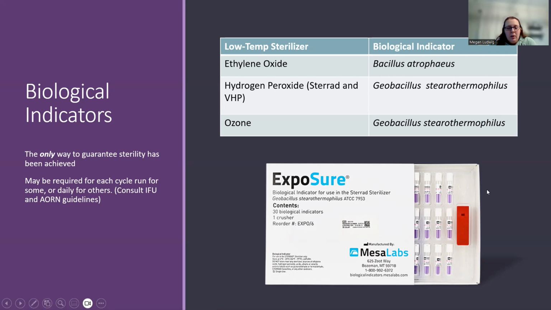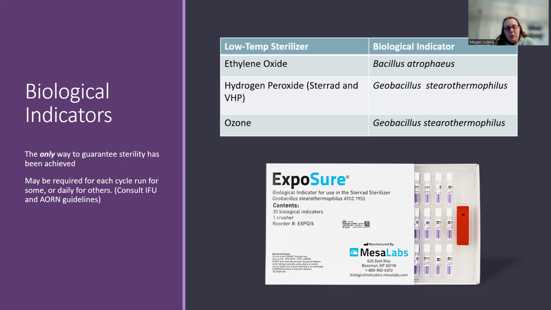Depending on your facility, a lot of times you have to run a biological in each sterilizer at least once a day, at least every 24 hours. And some of these now, like before, I would say within the last 5 to 10 years, indicators used to take 24 hours or 12 hours to read to see whether or not it was effective.